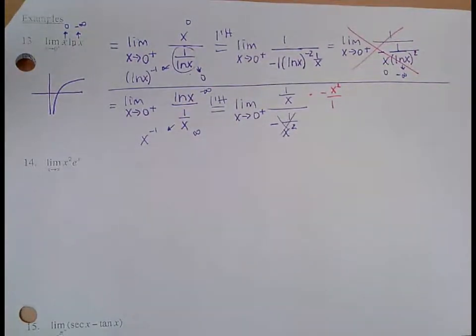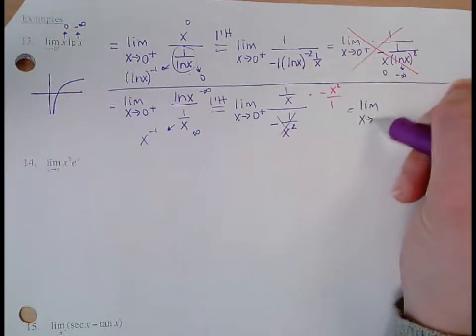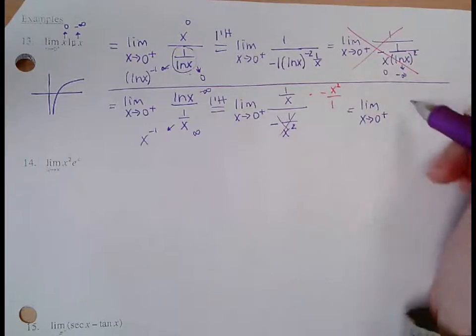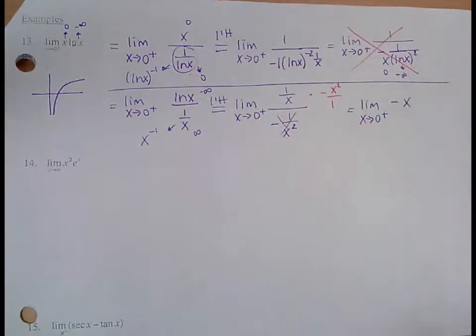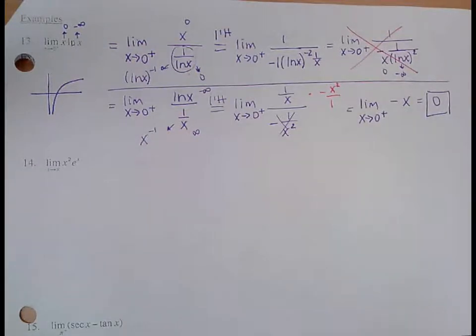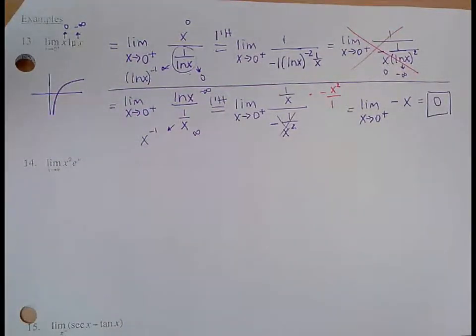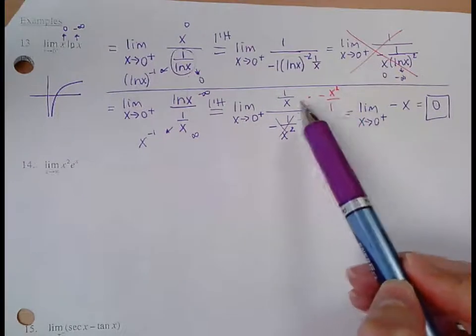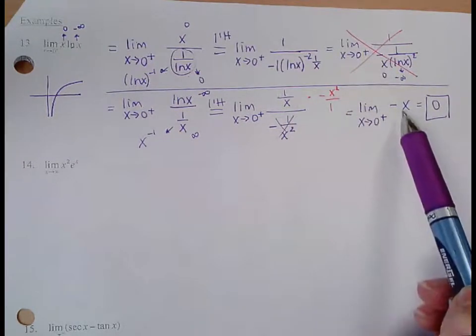If I'm dividing by that, I'm really multiplying by the reciprocal. And that means I have the limit as x approaches 0 from the right of negative x squared over x, which is just negative x. And now I can plug in 0, and the limit is 0. Okay, but you cannot say from the beginning, oh, 0 times infinity is 0.